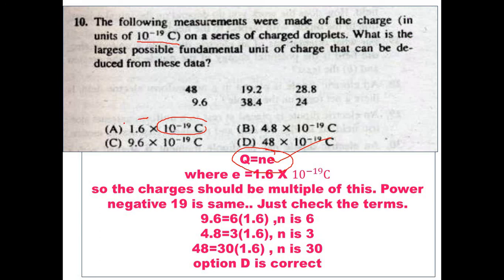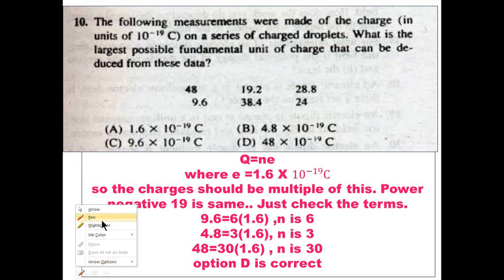So you have to just check only these quantities: 1.6, 4.8, 9.6, or 48. I have checked here. 9.6 is 6 into 1.6, so it's possible, having 6 times this one charge. Next is 4.8, it's 3 into 1.6, so here N is 3.